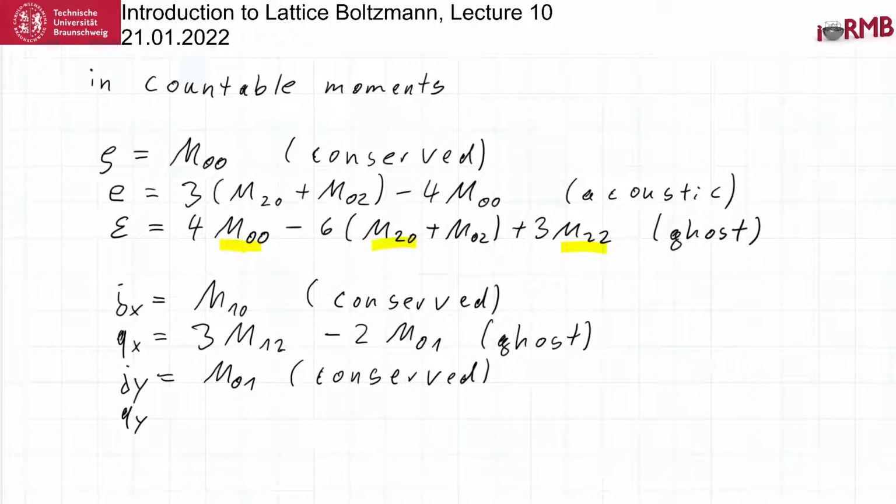Then we have Qy, which is 3 m21 minus 2 m. Oh, wait. I made a mistake up here, sorry. So here in Qx, this is m10. I have written m01, but it's m10, yeah? I missed the line. And down here is m01, and this again is a ghost.